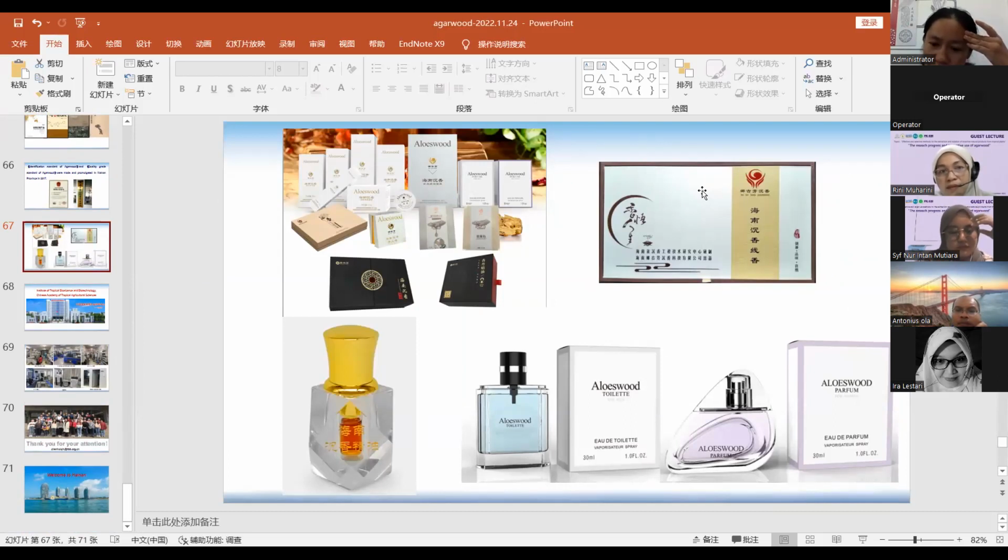When you burn this agarwood, you will become relaxed, and you will sleep well. So you will feel more relaxed and you can go to sleep well. Sometimes you have some problem with sleep, so you can find agarwood here. Okay.